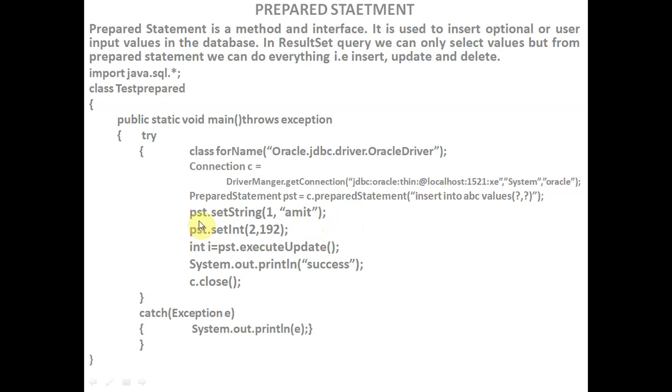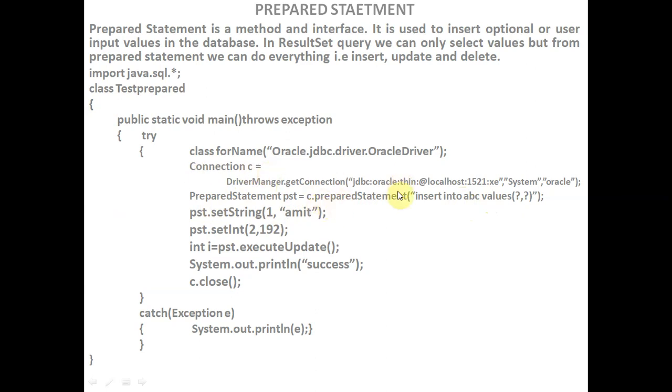We have mentioned here pst.setString and pst.setInt. Suppose we have two fields inside the table ABC. We have written PreparedStatement pst = c.prepareStatement, where c is the object of the Connection class.